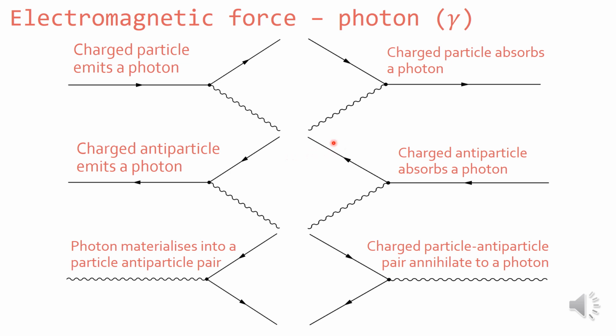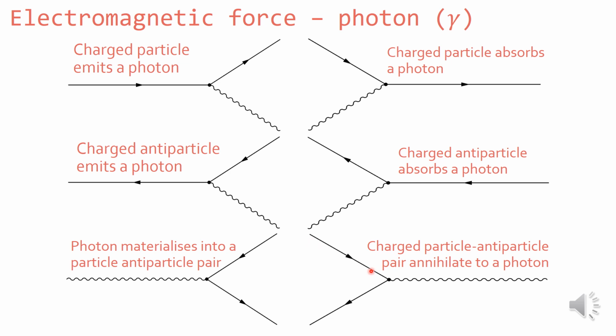So now we can see that a charged antiparticle can equally absorb a photon, and because our Feynman vertices can be rotated, a photon can go along and then become a particle-antiparticle pair. Remember, both of these must be charged.